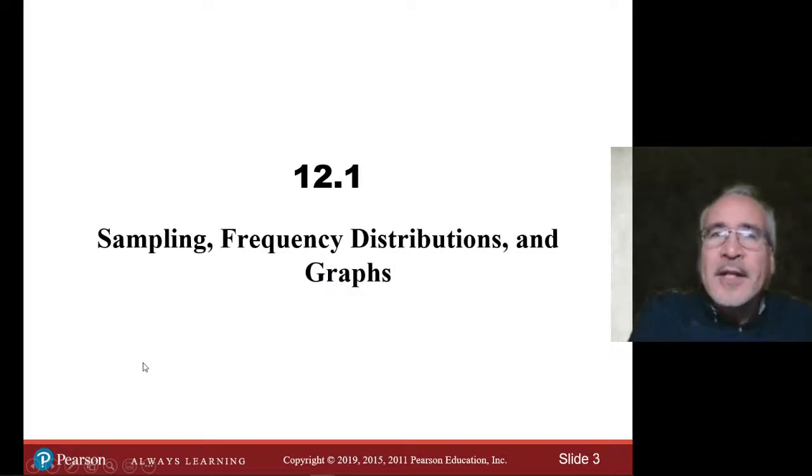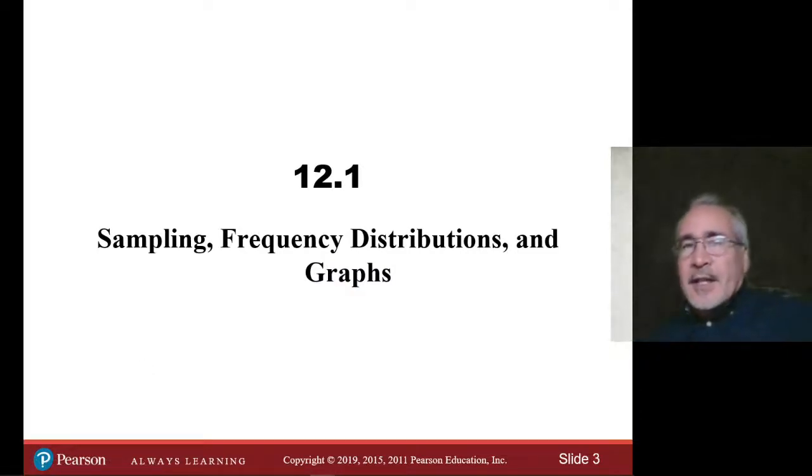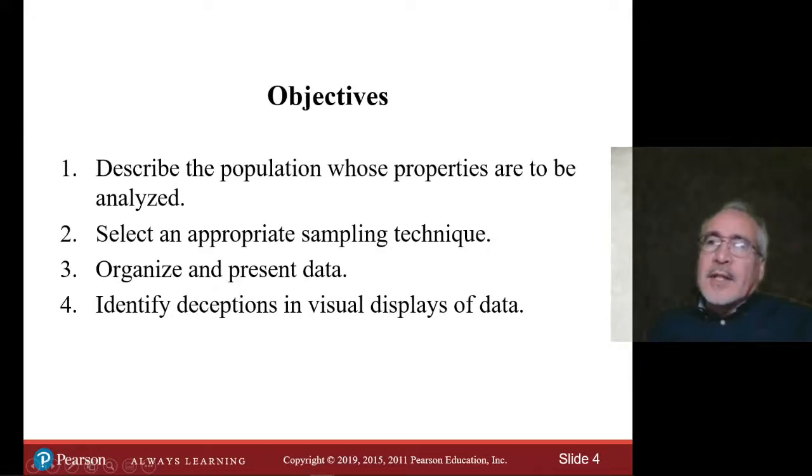So here we go. We're going to talk about sampling, about frequency, how often something happens. Distributions is sort of how things are spread out, and then graphs. And we're good to go. So again, we'll talk about these words, what it means for a population.